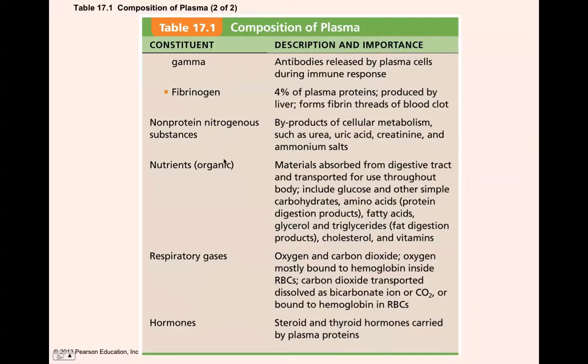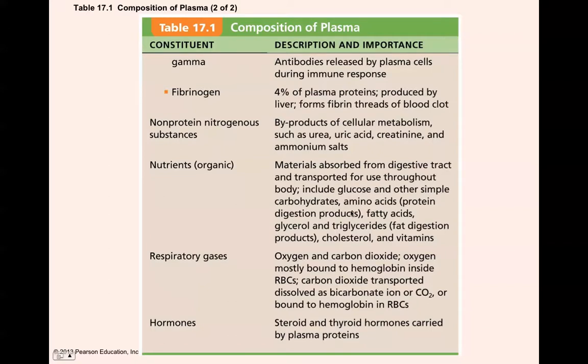Then we have non-protein nitrogenous substances. These are the byproducts of cellular metabolism. You will be hearing more about these later: urea, uric acid, creatinine, and ammonium salts. Then there are nutrients, organic nutrients. These are materials that are absorbed from the digestive tract and transported throughout the body to be used by the cells.